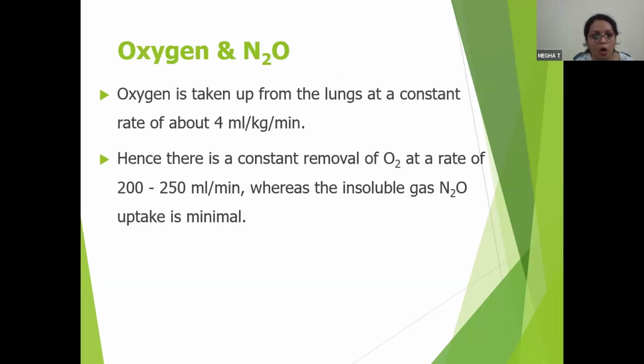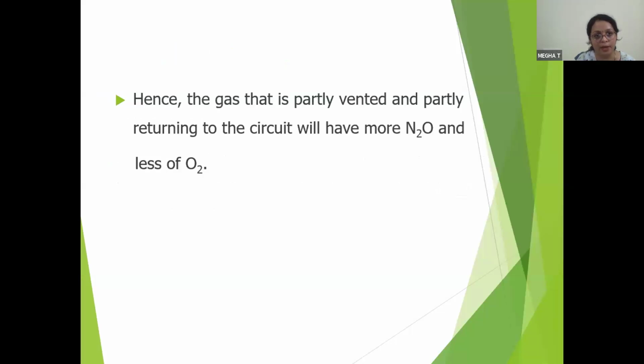So just a mention about oxygen and nitrous. As you know, oxygen uptake is 4 ml per kg per minute, which comes to 250 ml, and this is constant. Hence, there is a constant removal of oxygen at the rate of 200 to 250 ml per minute, whereas for an insoluble gas like nitrous oxide the uptake would be minimal. Hence, the gas that is partly vented out and partly returning to the circuit will have more nitrous oxide and less oxygen.